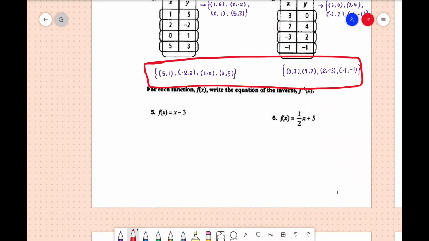Now on 5 and 6 it says for each function write the equation of the inverse. So this is what we were doing yesterday. We know they are functions, and we want to write the equation of the inverse as f inverse of x. Anytime I'm given f of x, it's the same thing as saying y. So y equals x minus 3 is what I'm given. This is the original function. I'm switching x and y now, and then solving for y.